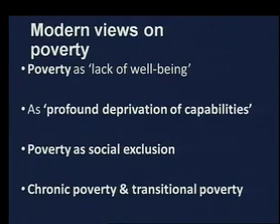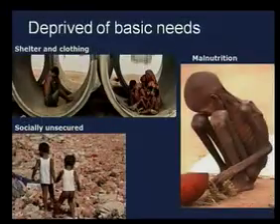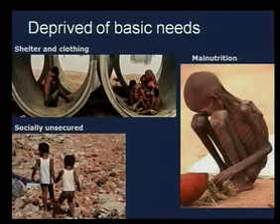Capability is one's capacity to respond to the work environment necessities, to respond to productivity, which can be done if you are educated, if you are healthy, if you are given the other basic requirements, then you can do better in the workplace. So workplace betterment makes capabilities, and if you don't have them, it's a capability deprivation. So poverty is known in the modern world as profound deprivation of capabilities.